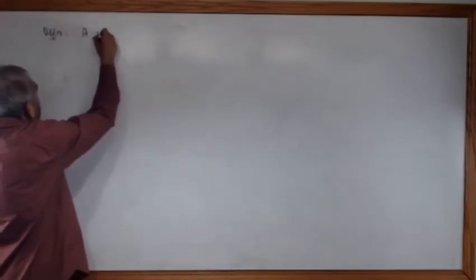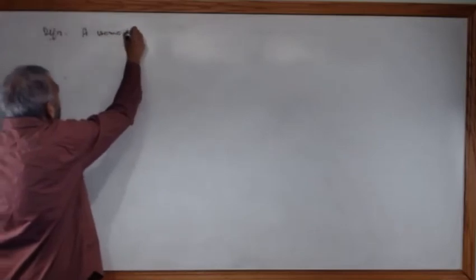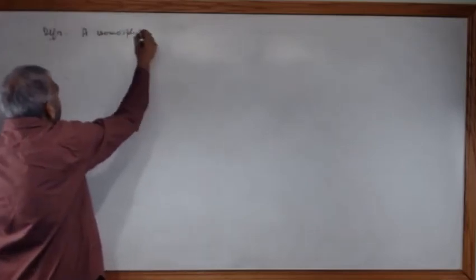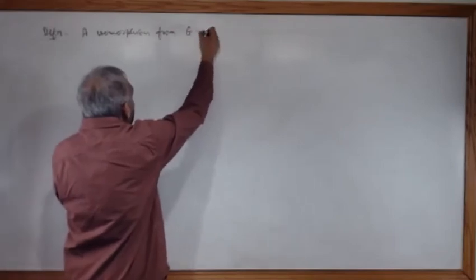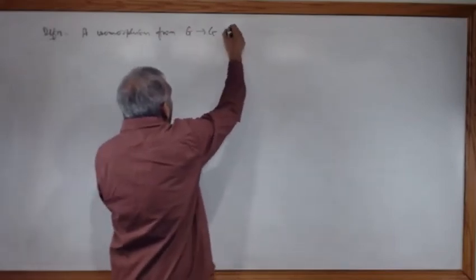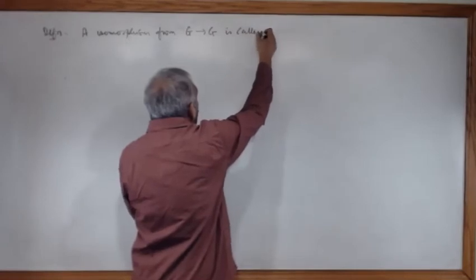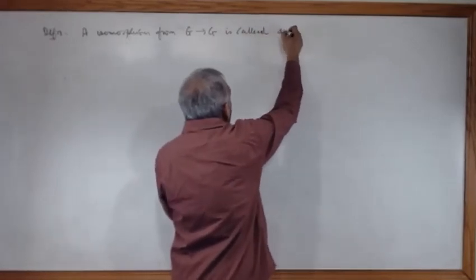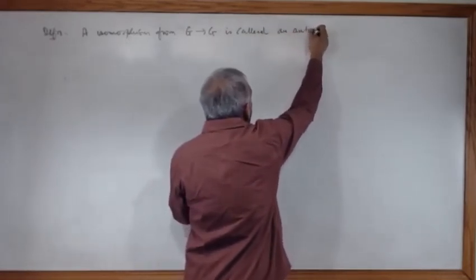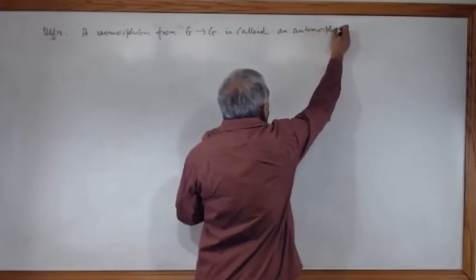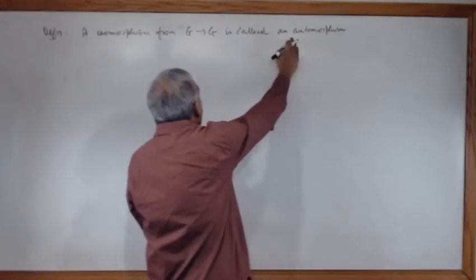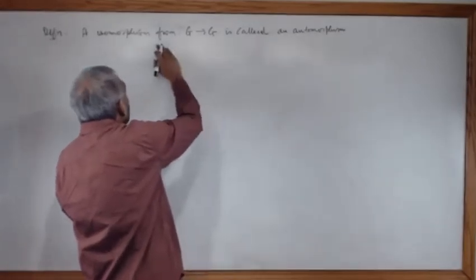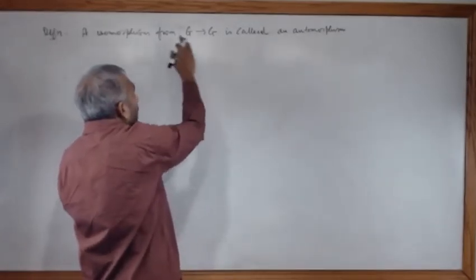An isomorphism from a group G to itself is called an automorphism. In other words, automorphism is a bijective homomorphism from a group to itself.